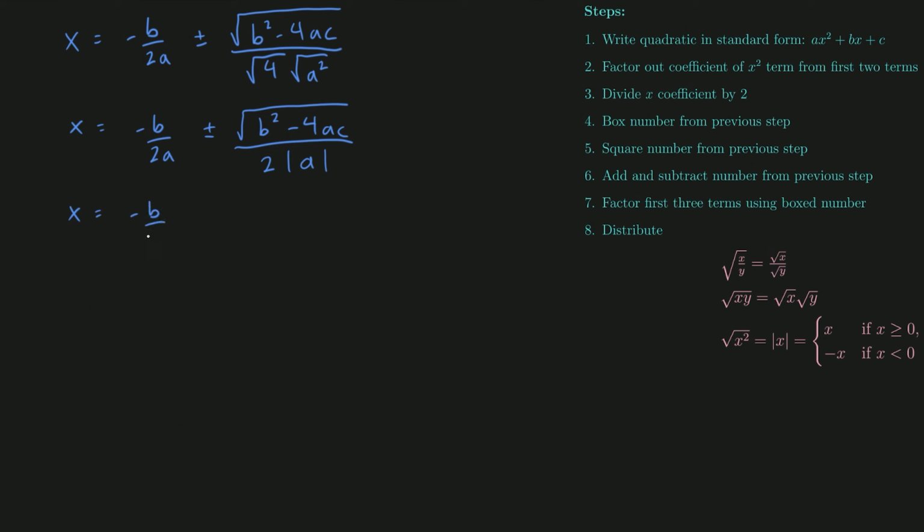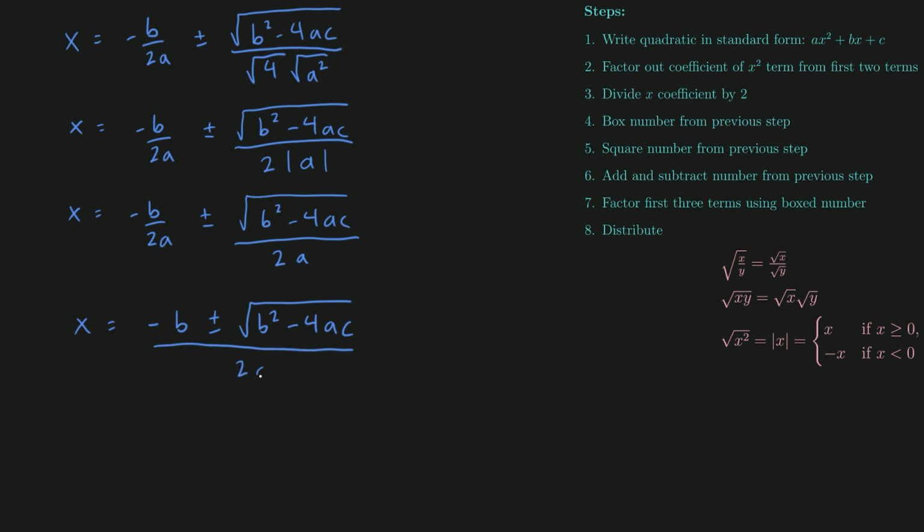Negative b over 2a plus or minus the square root of b squared minus 4ac all over 2 times positive a. And you can probably see the last step here. Just combine these two fractions. x equals negative b plus or minus the square root of b squared minus 4ac all over the same denominator, 2a.